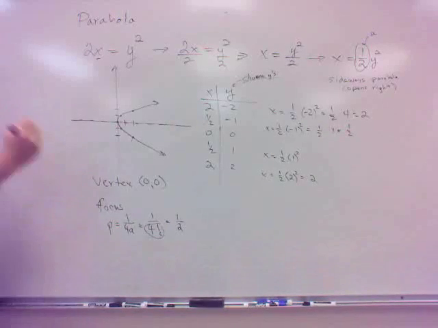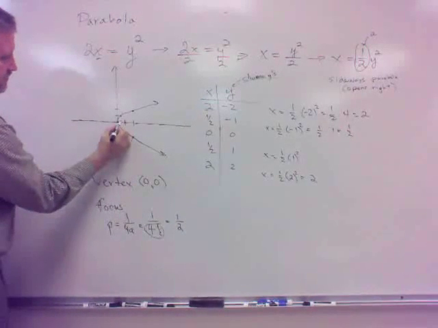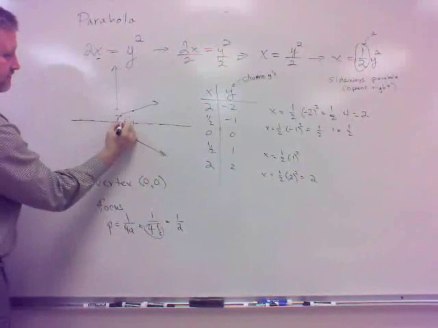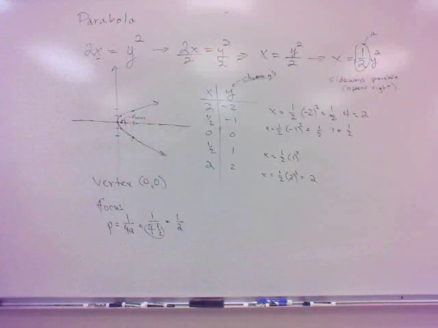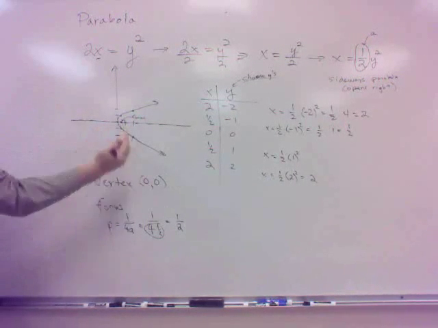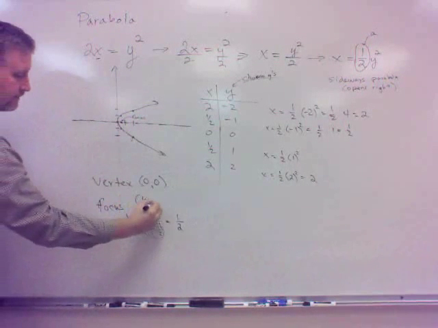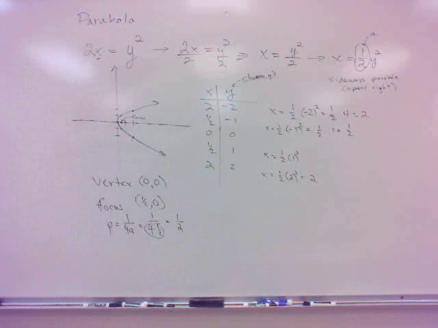And so you go 1/2 inside from the vertex, so that's right there, isn't it? There's my focus. So the focus is this point right here, which is 1/2, 0. Okay? Question or concern?